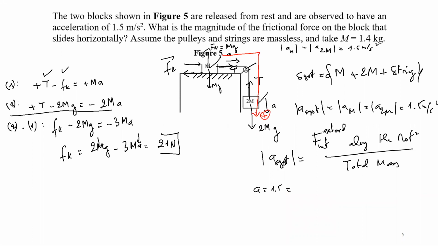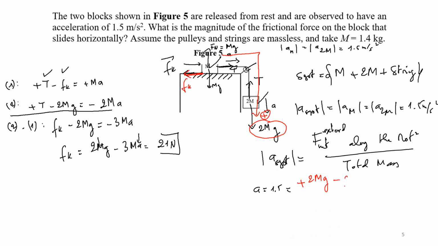So this is a plus motion. So which force is dragging the motion? It's this weight of the second mass. So you will have the weight of the second mass, which is plus 2mg. Now, which force is opposing the motion? Of course, the frictional force is opposing the motion. It's an external force.